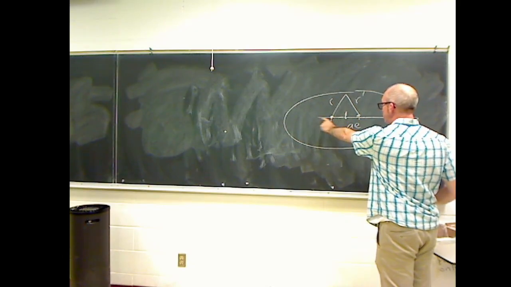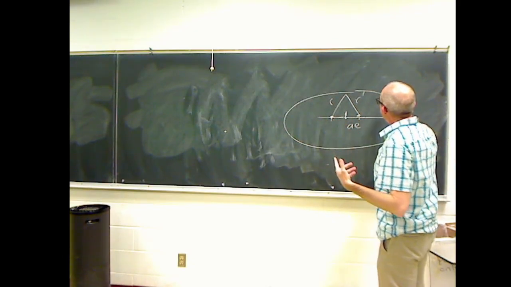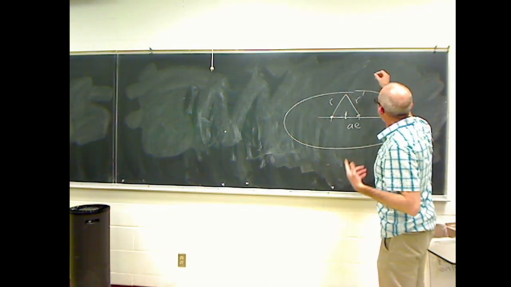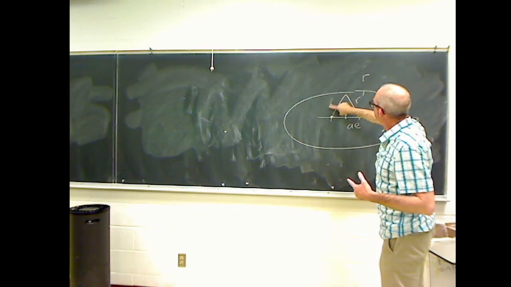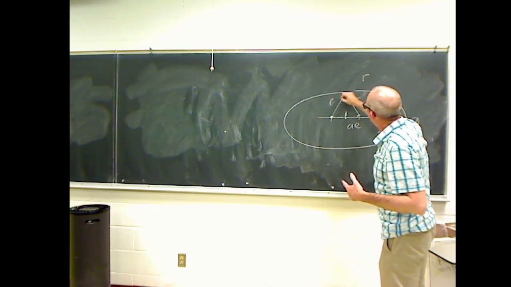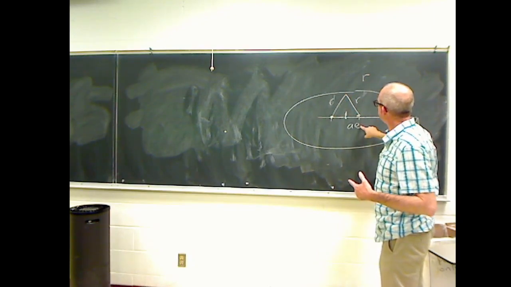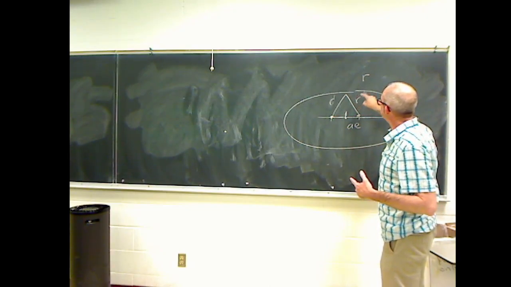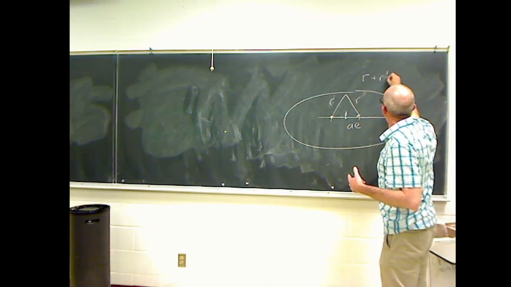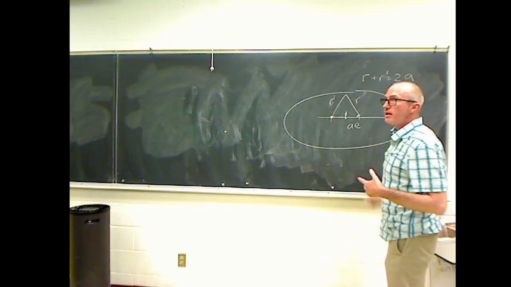And then another one, the same semi-major axis. The ellipse is defined as the set of points such that R, the distance from the first focus, plus R prime, the distance to the second focus, R plus R prime, is a constant, 2A.